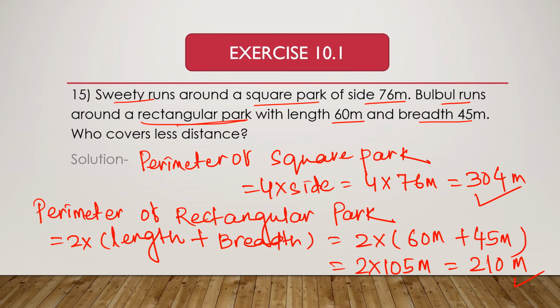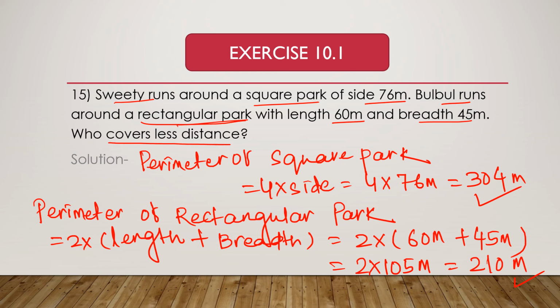304 meter, and the perimeter of the rectangular park run around by Bulbul is 210 meter. Who covers less distance? Between 304 meter and 210 meter, 210 is less than 304 meter.